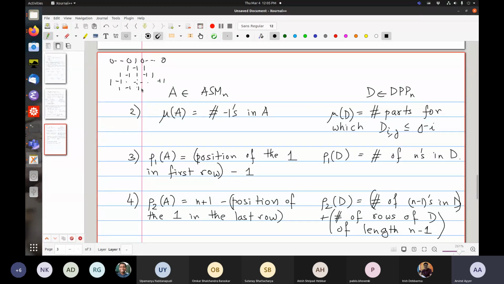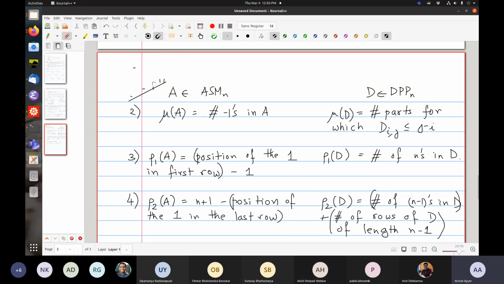It will have this kind of diamond-shaped structure. So there'll be order n squared many minus ones. That's the maximum possible.